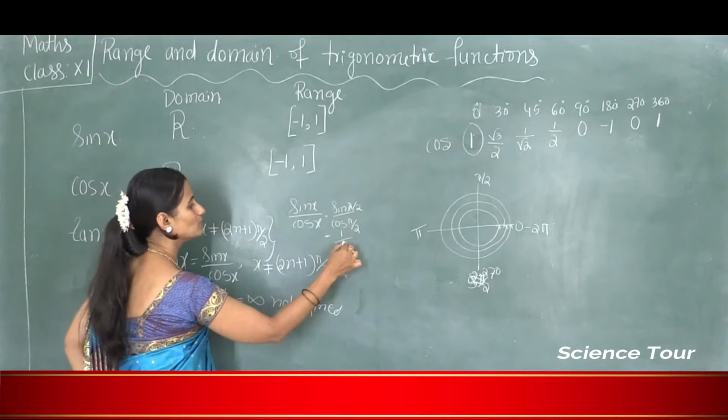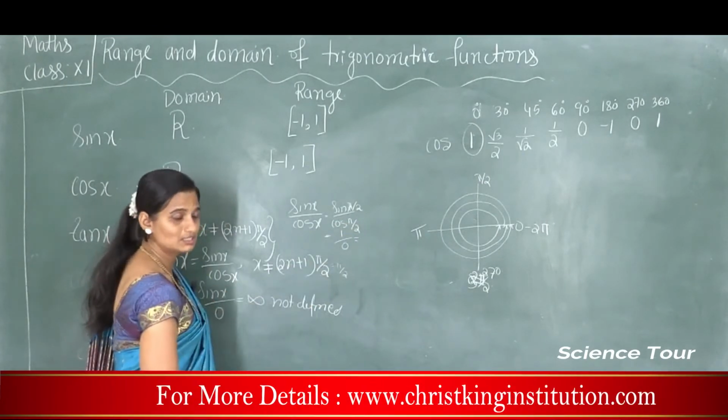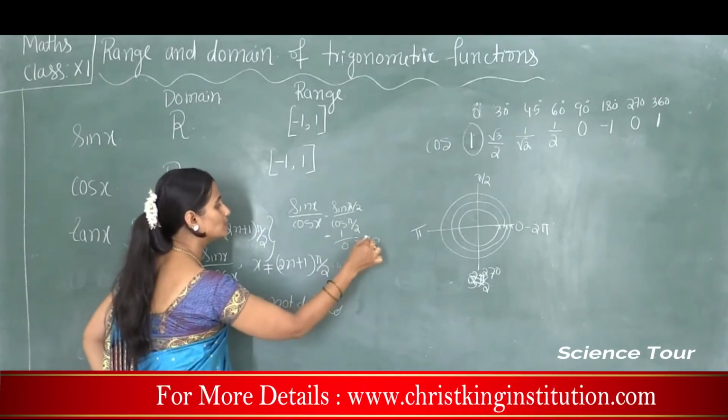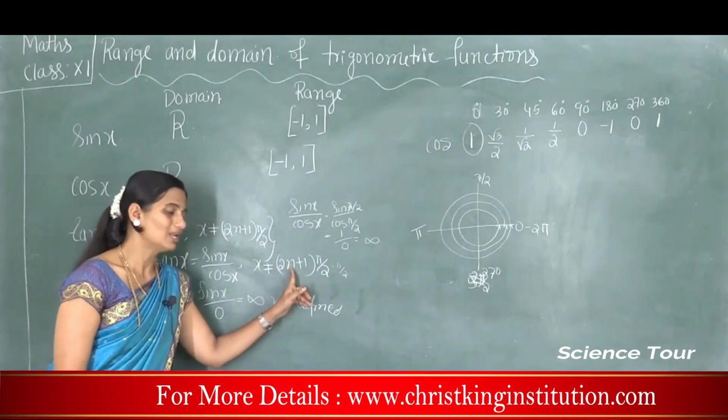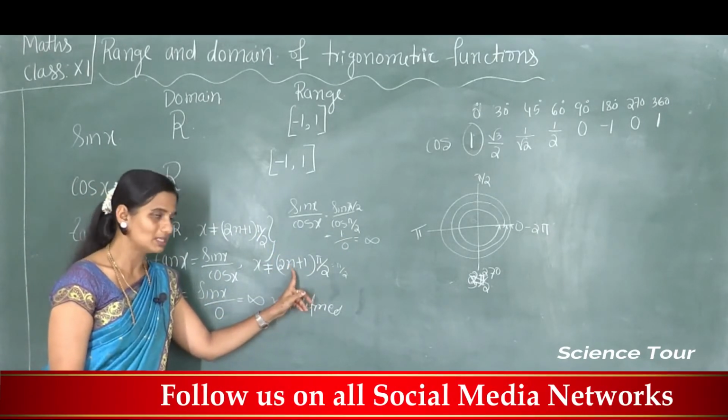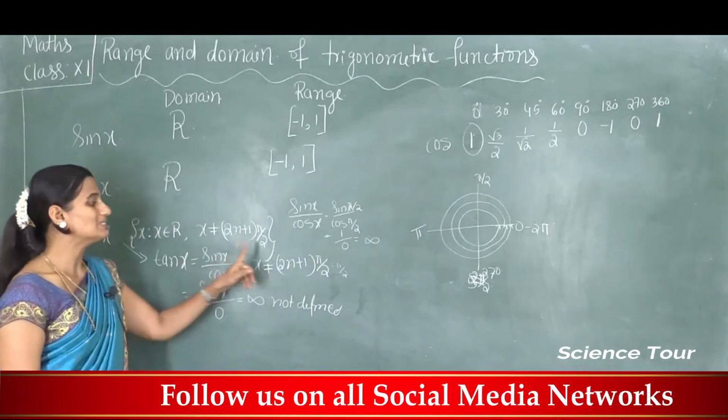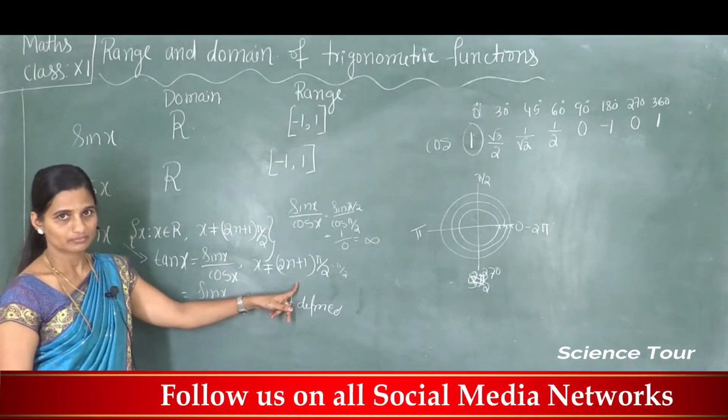Cos π/2 is what? 0. Cos 90 is 0. So 1 by 0 is not defined. That means at n equal to 0, at this point tan is not defined.